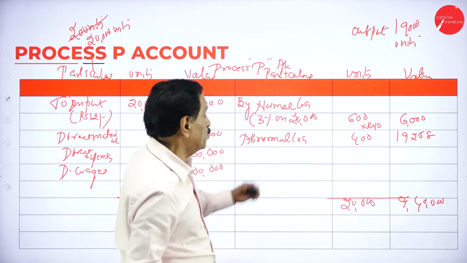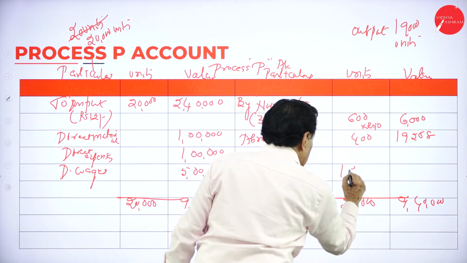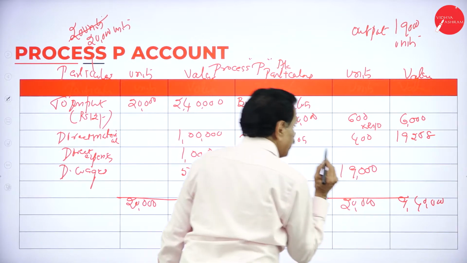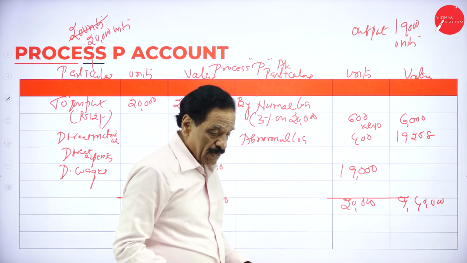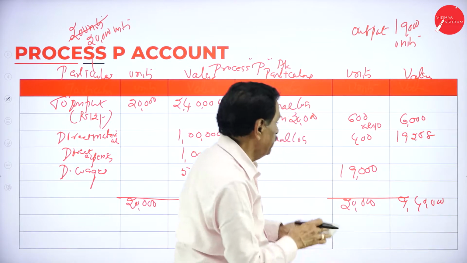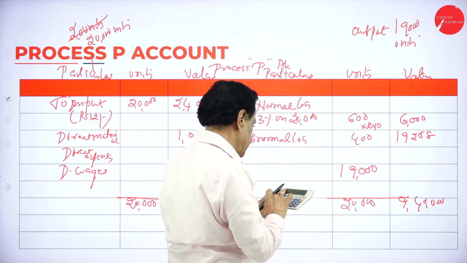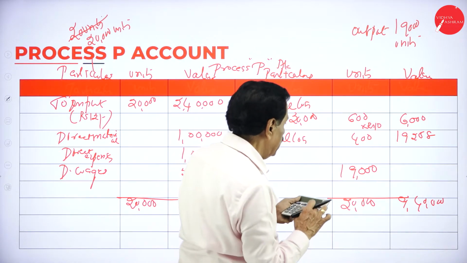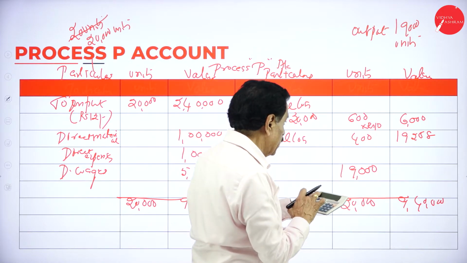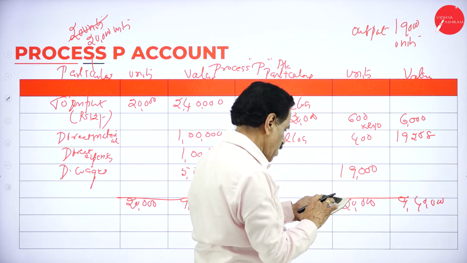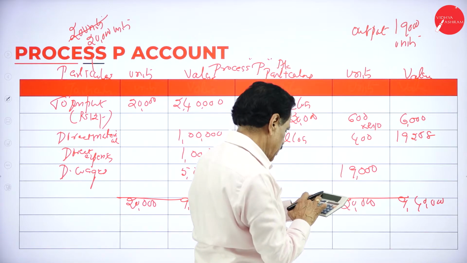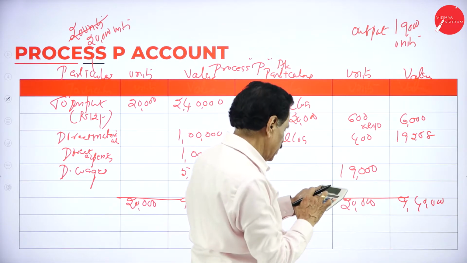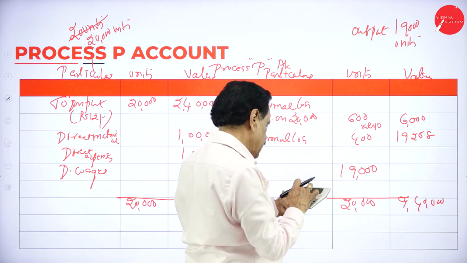Out of that 1,000 gone, no? 19,000 units value. Here 9,40,000, 940 followed by 30, minus 6,000, minus 19,258.